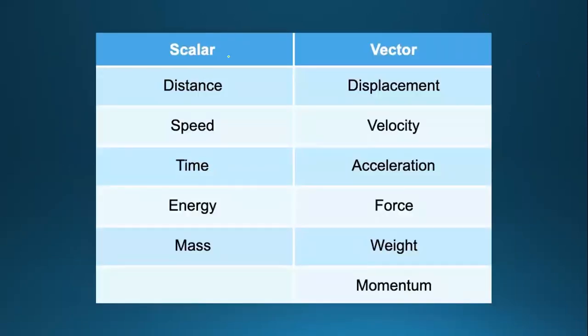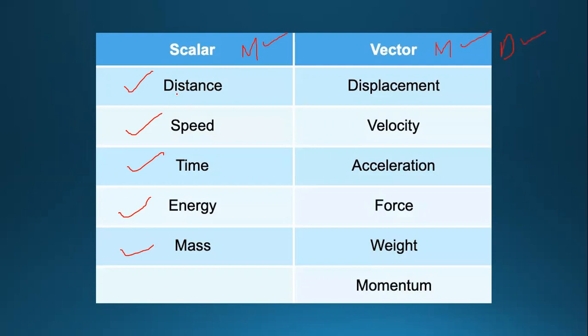So here we have a list of scalar quantities and we also have a list of vector quantities. Under scalar quantities we have distance, speed, time, energy and mass. These are the scalar quantities which only have a magnitude. But which are the vector quantities? Those which have both magnitude and direction.